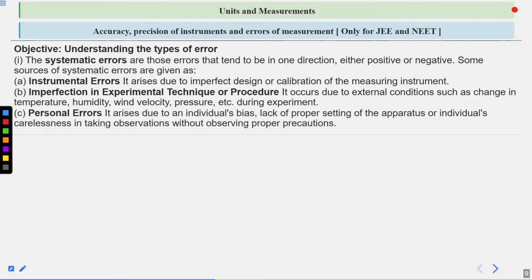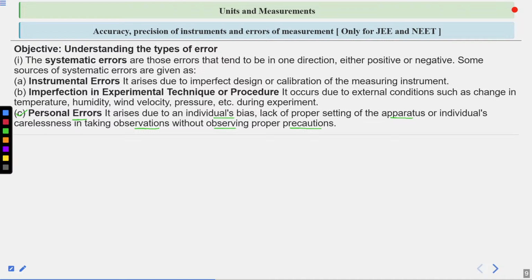Third is personal errors. Personal errors arise due to an individual's bias, lack of proper setting of the apparatus, or carelessness in taking observations without observing proper precautions.